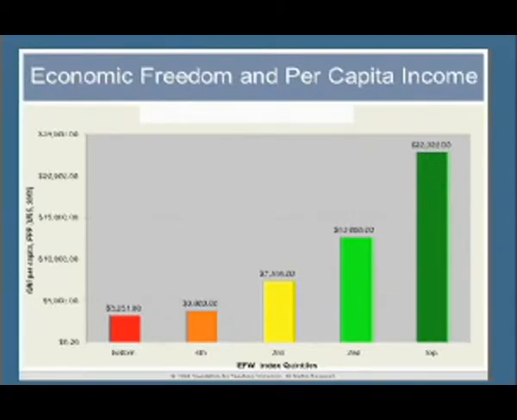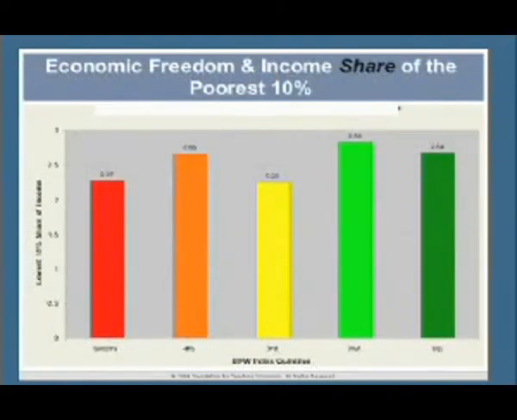We may be surprised, however, to find out that if we look at the percentage of a nation's income that goes to the poorest 10% of the population, there is very little difference from rich countries to poor countries. The point is clearly that if you're only going to get 2.5% of national income, it's better to get 2.5% of a big amount than it is to get 2.5% of a small amount.